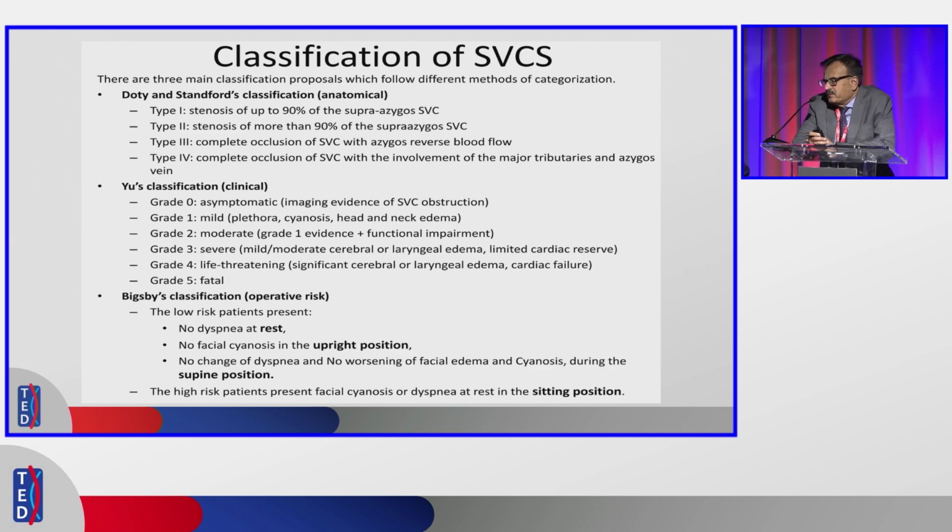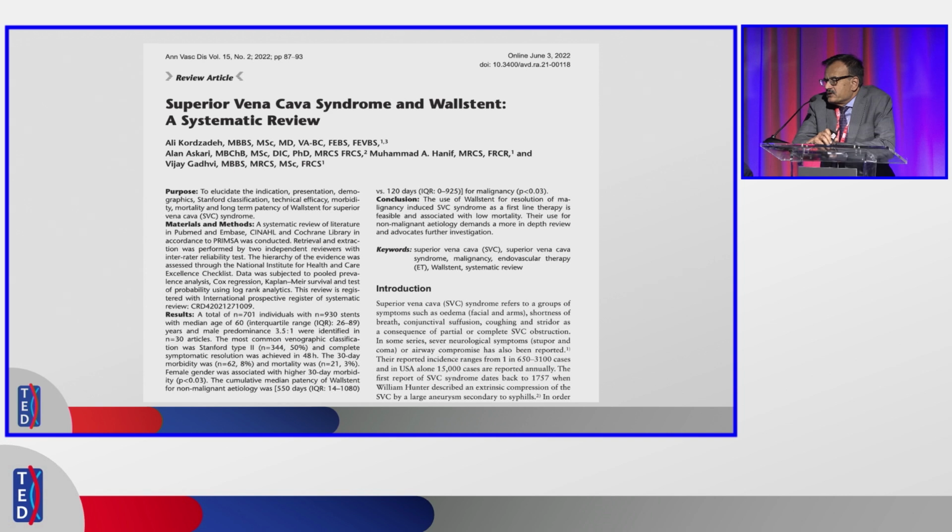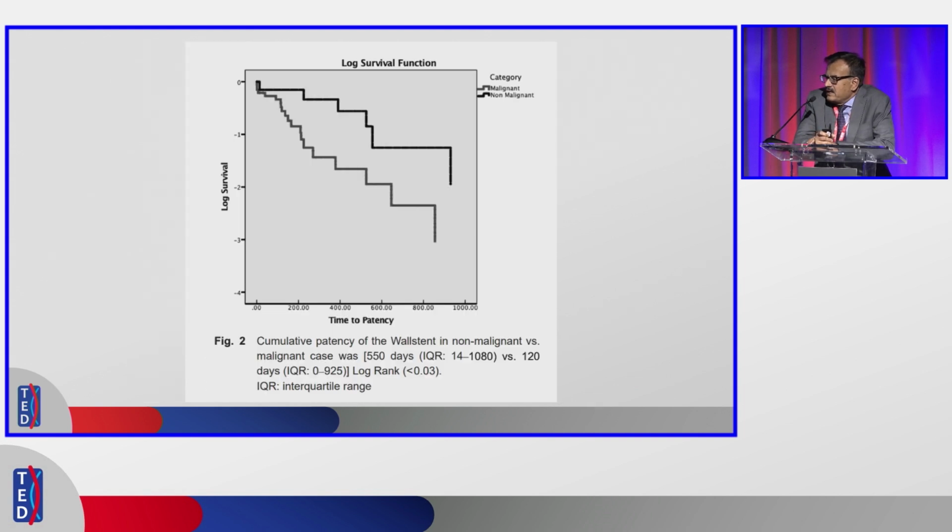Because of the lack of time, I'm going to keep moving. There's not much data on SVC syndrome, and the only study I could come up with is a review article of about 700 patients involving 930 stents. This is a good review article which can give you some indication as to what the treatment options should be. Stenting is one of the commonest things that can be done. For malignant and non-malignant lesions, there is a patency rate of 800 days.